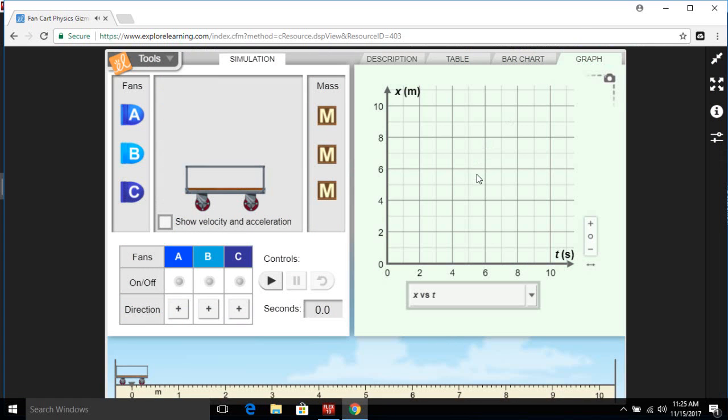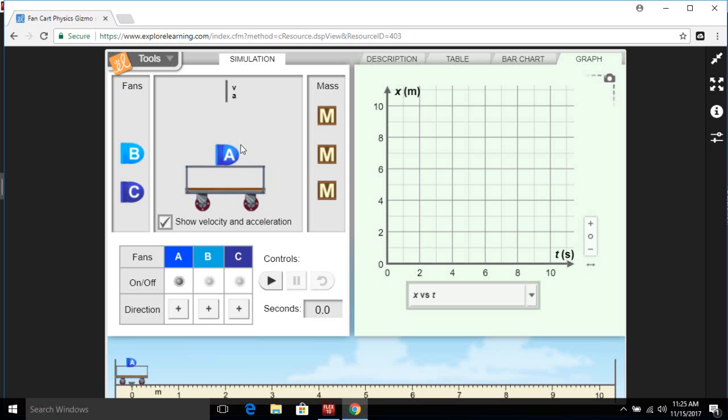I started getting this stuff ready for tomorrow. I can take these little things right here. They're fans. And if the fan is not on, you get no air. So first law is an object at rest stays at rest until an unbalanced force acts on it.